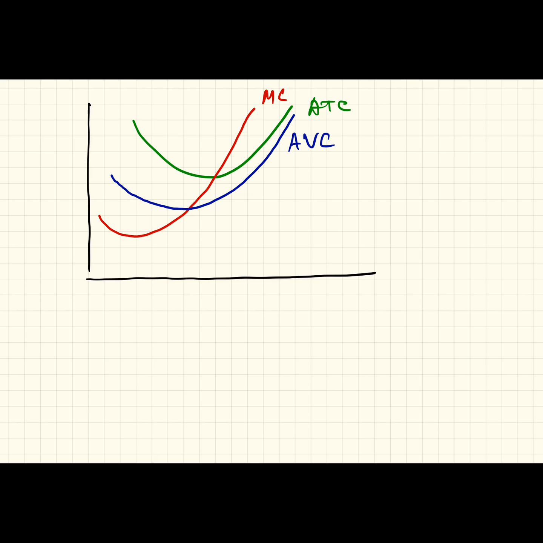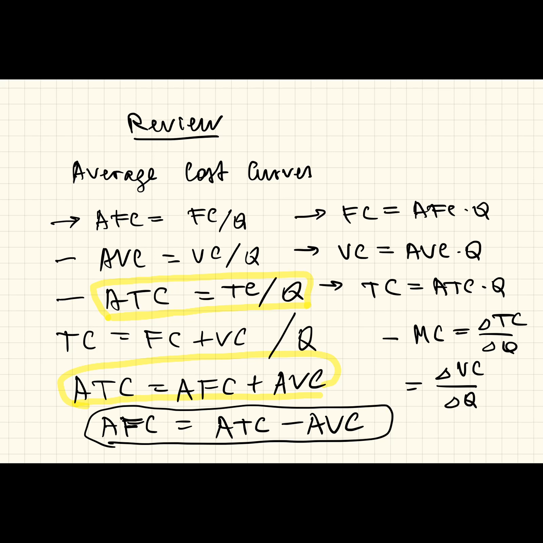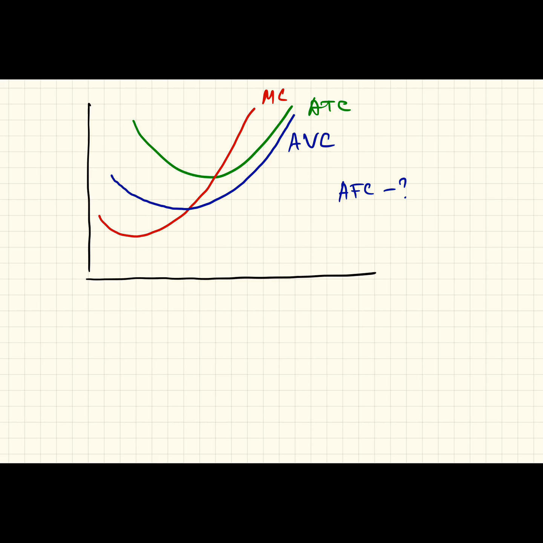So why are these curves merging? And in fact, where could we find AFC if we are not drawing it as a separate curve? Well, it's very straightforward. Remember this formula? AFC is just ATC minus AVC. So at any Q, you can figure out your AFC as the difference or distance between these two curves.